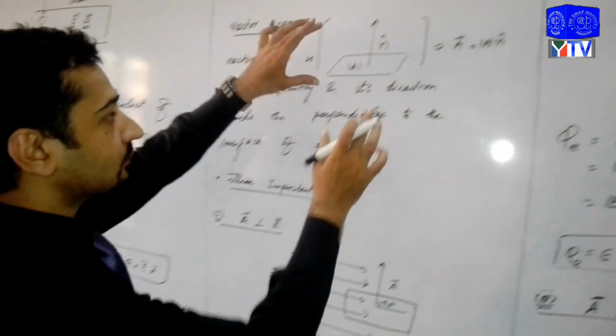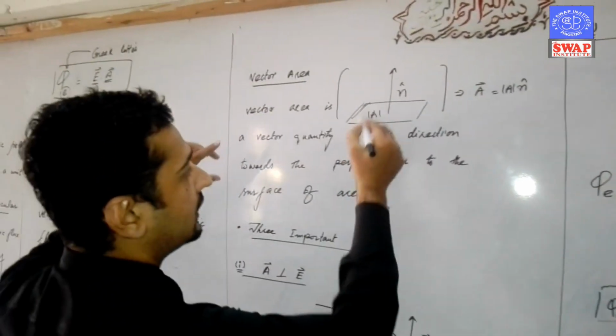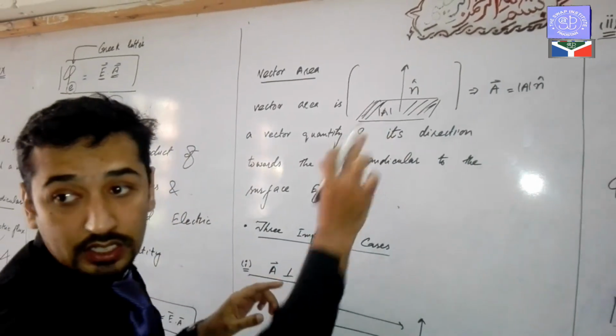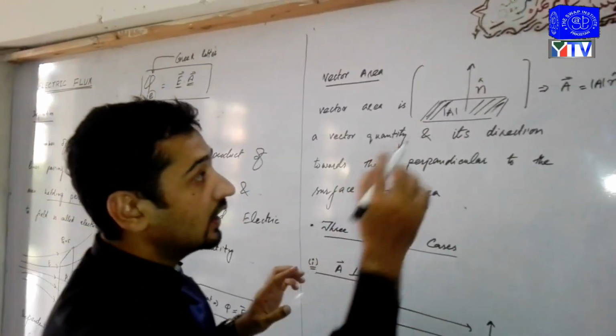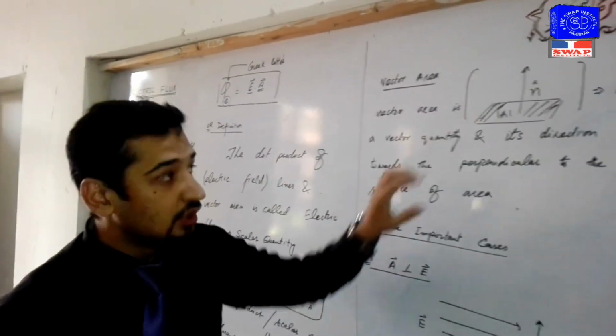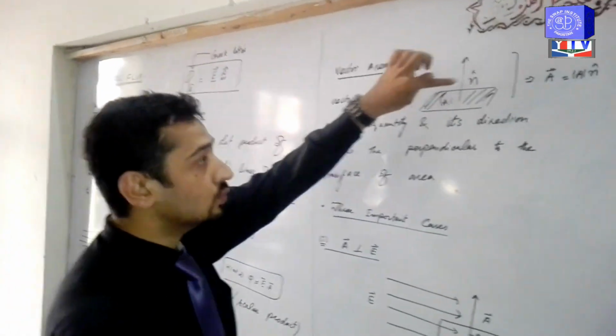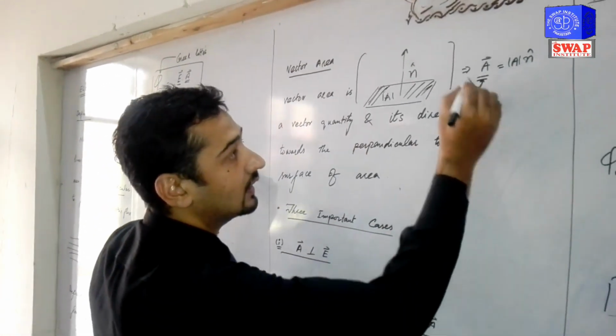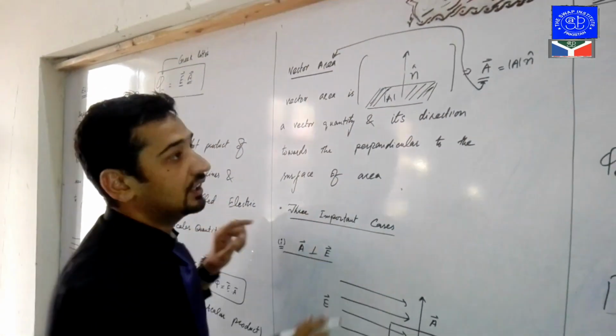For example, this one is the area. This is the magnitude of area, and this one is the normal to the surface. So from the product of these two factors we get the vector area.